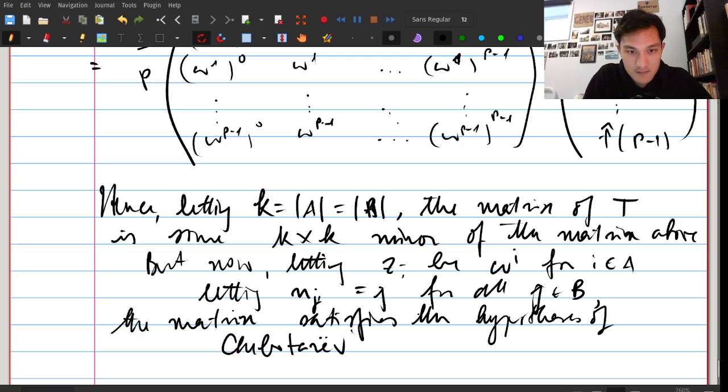Chebotarëv's lemma. And so it's invertible.